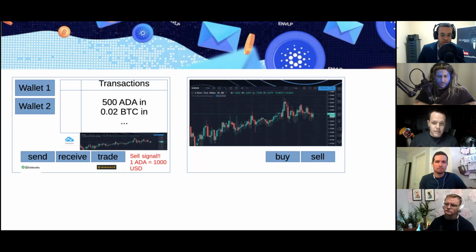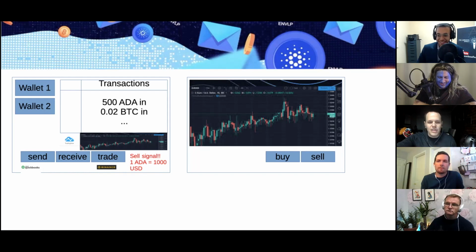I have code that I can add as a plugin as well to generate signals, for example. So if you are a holder, but you want to have some sort of signaling from some strategy you have, you put indicators, and you can have your wallet warning you that maybe it's time to sell because 1 ADA now is $1,000 or something.